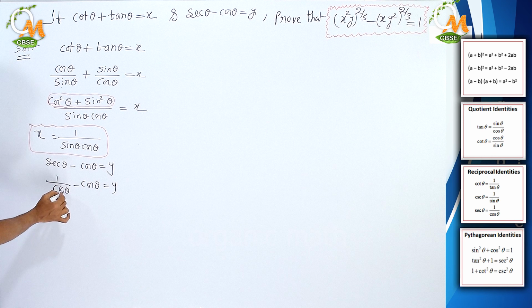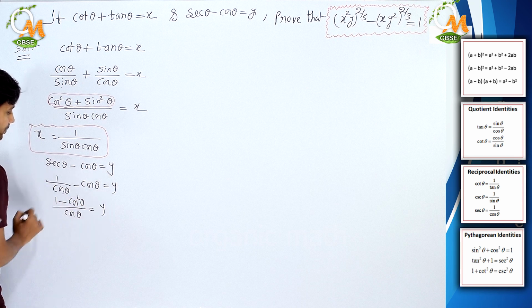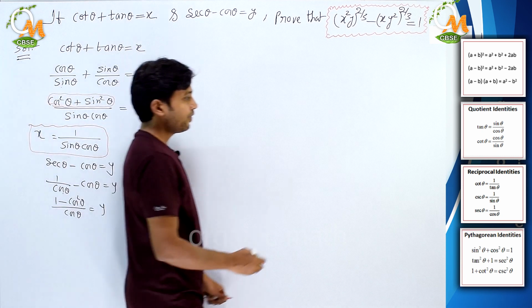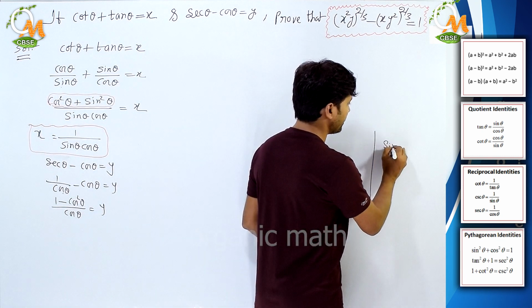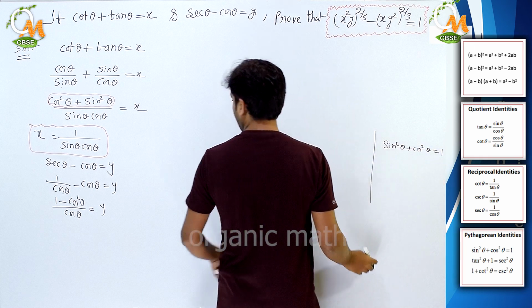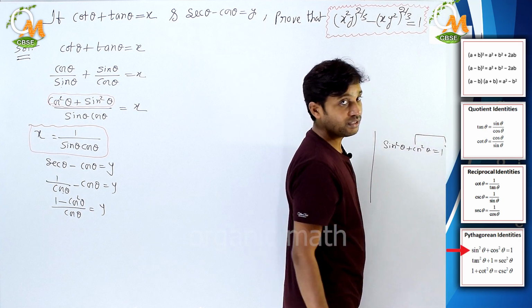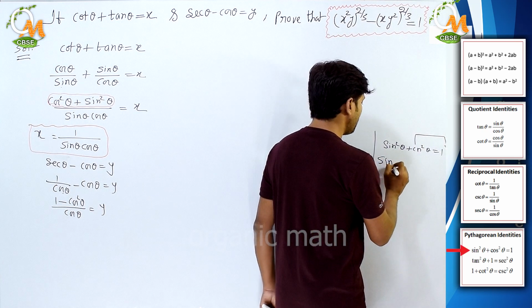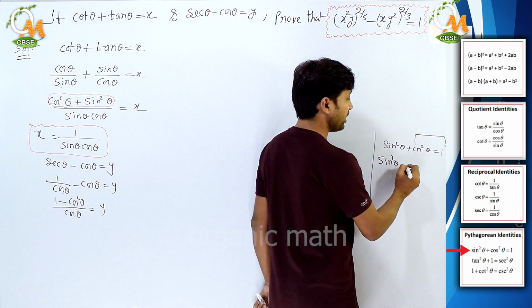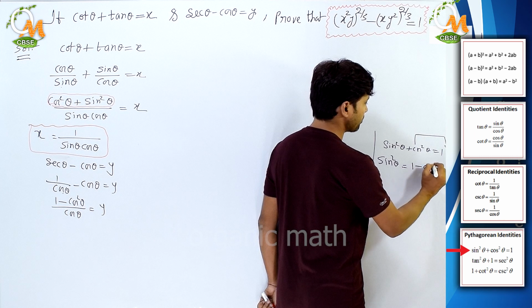Now take LCM for this LHS part. 1 minus cos theta into cos theta, that would be cos square theta upon cos theta, equal to y. Now again take the help of the first trigonometric identity, sin square theta plus cos square theta equal to 1. If you take this cos square theta to the other side of the equation, then sin square theta's value is 1 minus cos square theta.